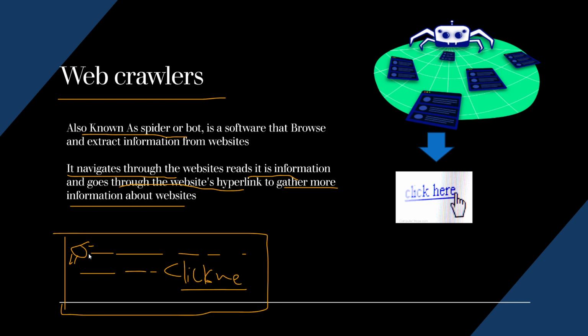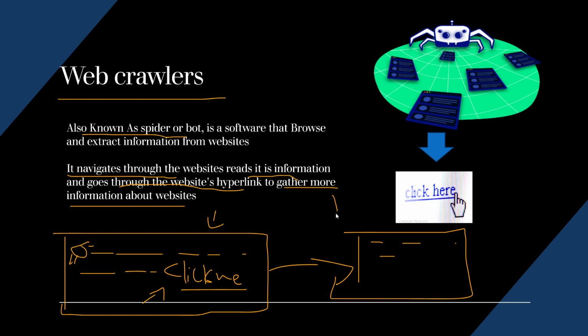The spider bot will read all of the information on this web page, and then it will go through this hyperlink, which will take it to another web page where it will do the exact same thing. It will read all of the information here and then go to another web page, and so on and so on. So that's how web crawlers work.